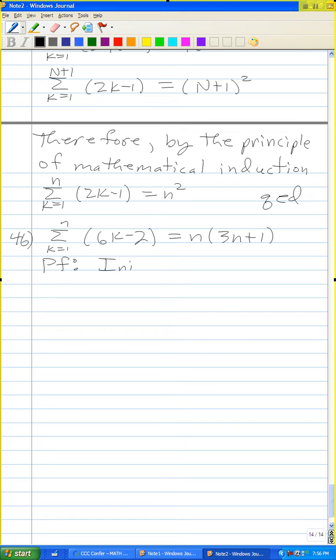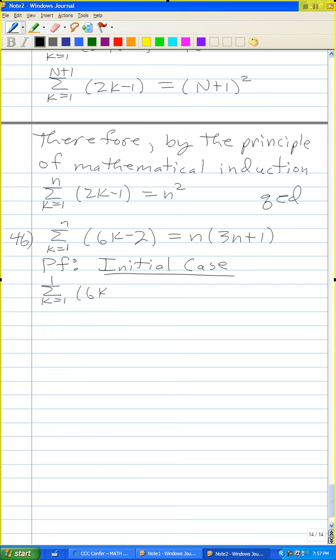So let's look at the initial case. And so let's look at the sum, k equaling 1 to 1. So let's see if this formula works when n is equal to 1.